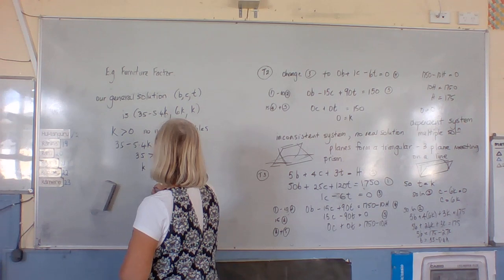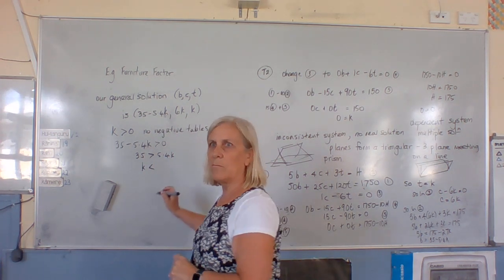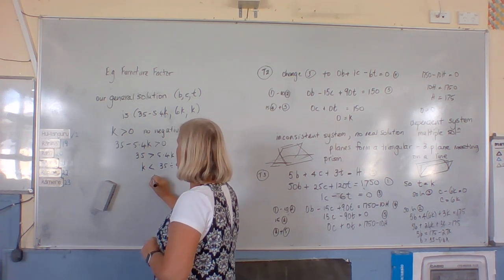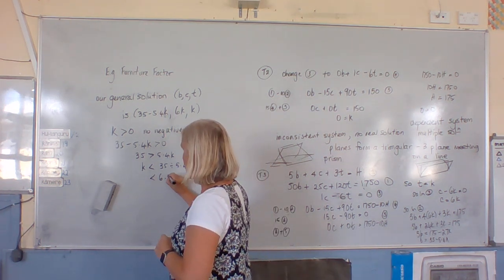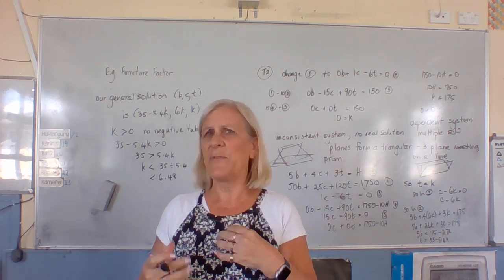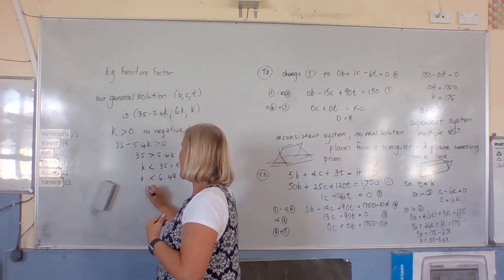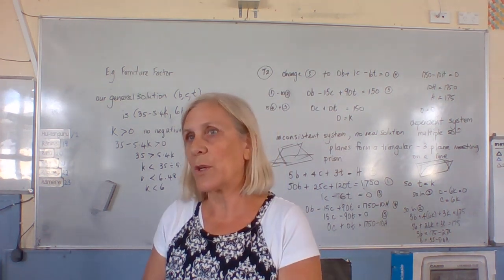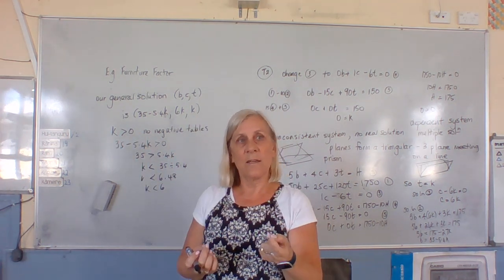So k has to be less than 35 divided by 5.4, which is 6 point something. 6.48. We don't actually care about the .48 because we don't have .48s of tables and things either. So K has to be less than 6 to work. So now we've got between 0 and 6 as our K.